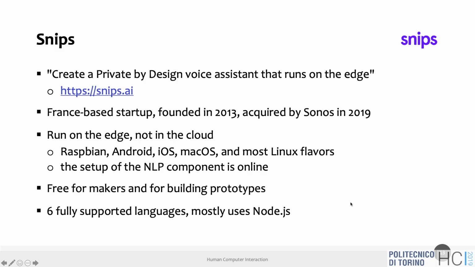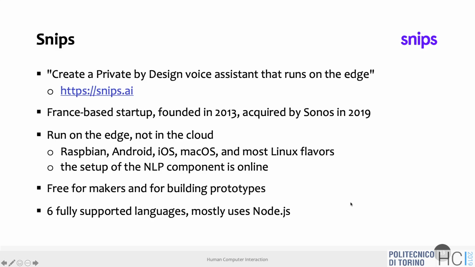Snips is a platform that you have to download on your computer. So all the processing of the natural language is not made in the cloud, but on your device. All the algorithms and logic for performing natural language processing are ready to be used, but it's just not working in the cloud. It works on your computer.